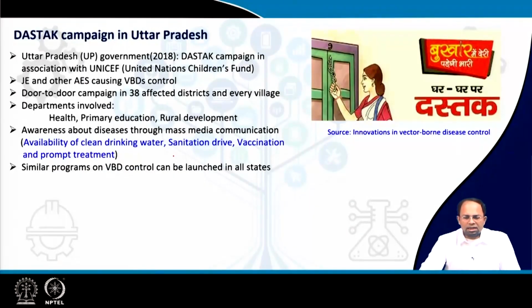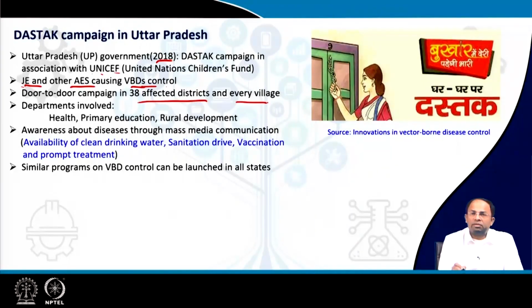Then the Dastak campaign in Uttar Pradesh was conducted in 2018, in association with UNICEF, for control of JE and AES, causing vector-borne disease control. Japanese encephalitis and vector control in regard to that was taken up. A door-to-door campaign was conducted in 38 affected districts, in every village.